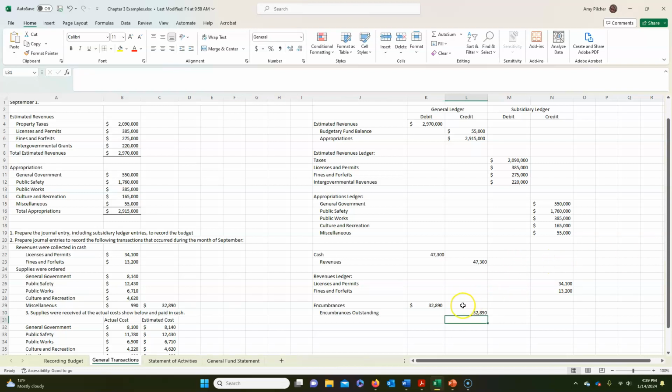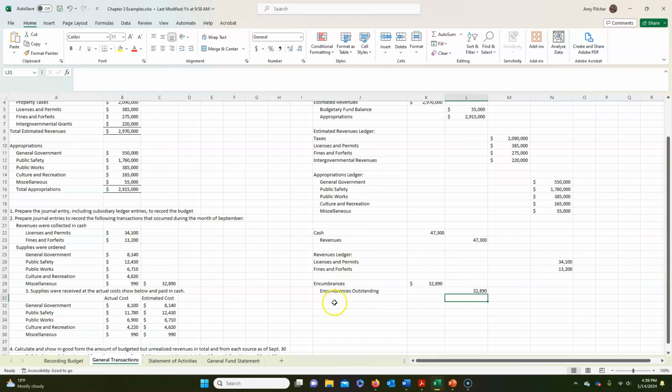We are going to then record in our encumbrances ledger the actual encumbrances for each of those items.